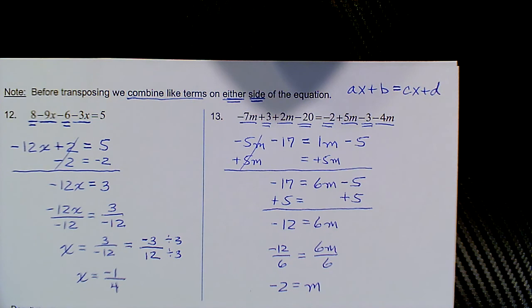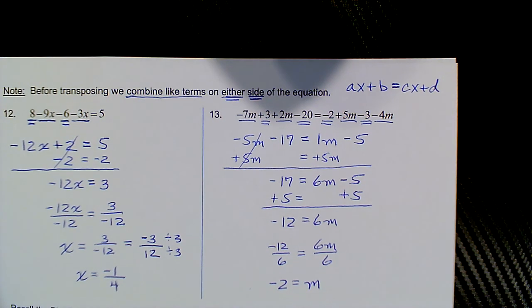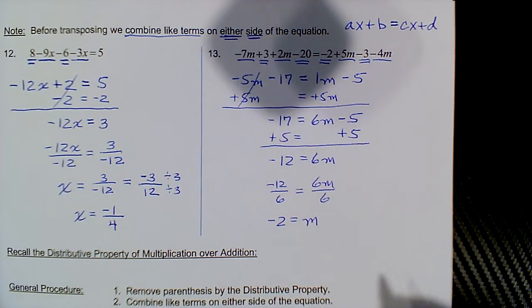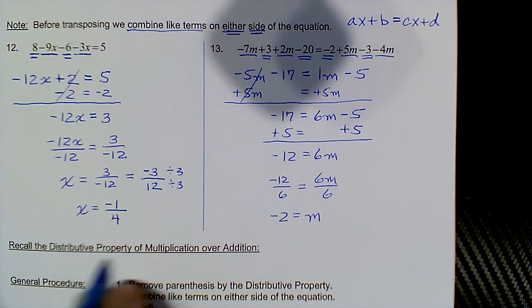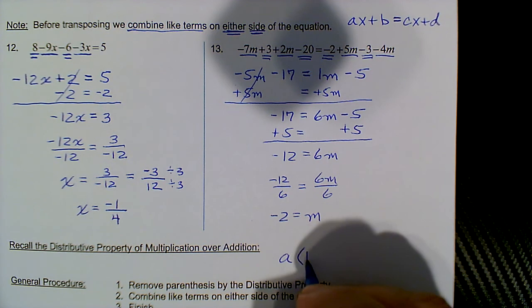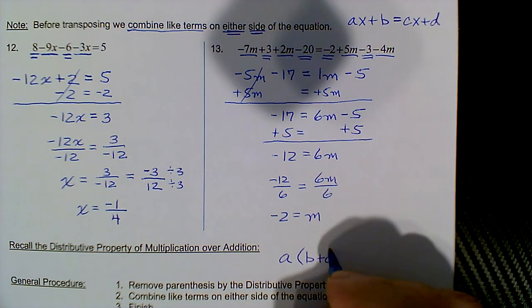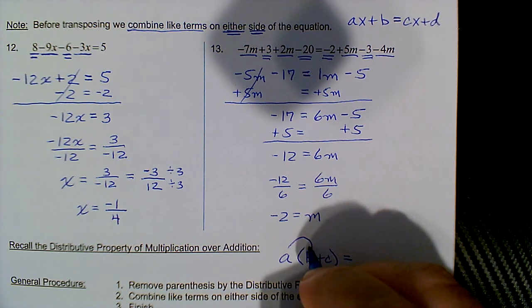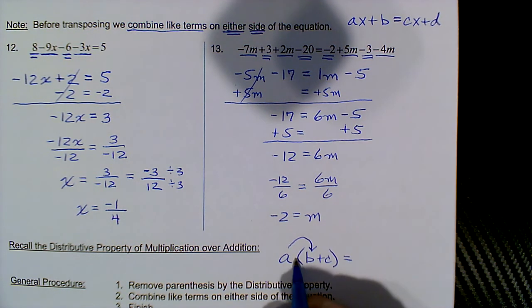Okay, so we had talked about the distributive property in lesson number 4. So just to recall what the distributive property is, it's called formally the distributive property of multiplication over addition. If we have a multiplied by b plus c, remember we use the nice little arrows as a guide, and this is multiplication.